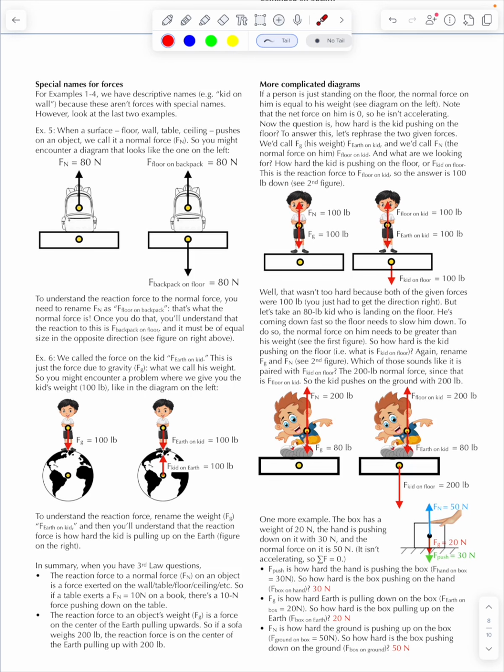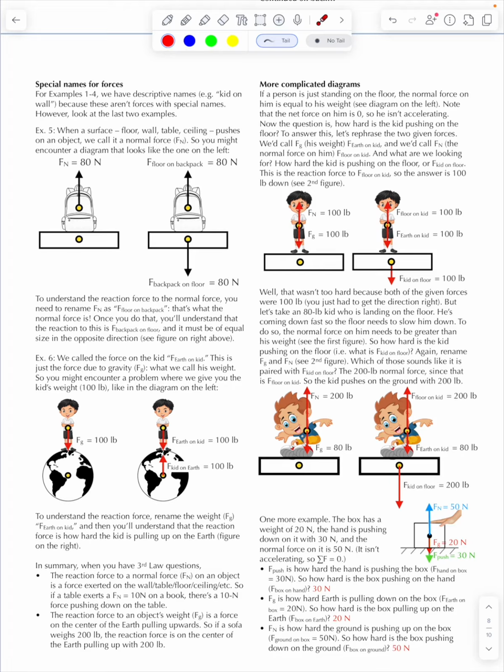Remember that we call the force of a surface on an object that's pressed up against the surface the normal force. So back in example 5, I said that the backpack is pushing on the floor with 80 newtons. And the way I asked it was, how hard is the floor pushing up on the backpack? 80 newtons. But that's just the normal force. So if I said the floor is pushing down on the backpack with 80 newtons, what's the normal force?